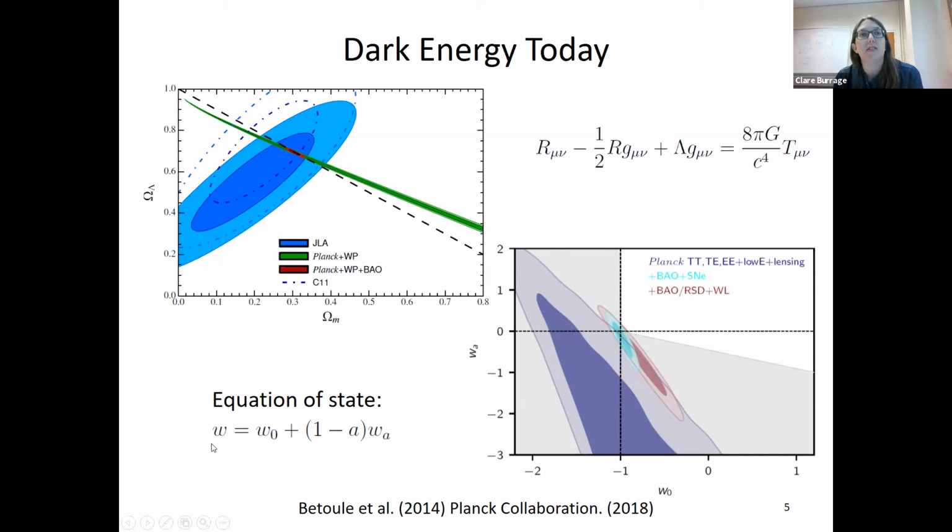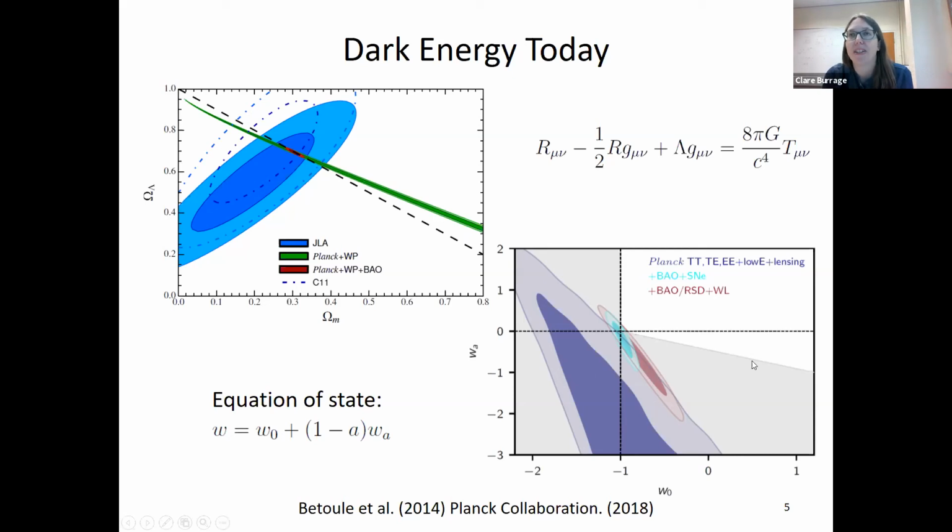So this is just a simple parameterization of our equation of state, which is saying, okay, I'm going to assume that the equation of state, for whatever reason, is a constant plus a term that depends on the scale factor of the universe. So that's not coming from fundamental principles, but that's just saying, what does the data tell me if I assume that it has this form?